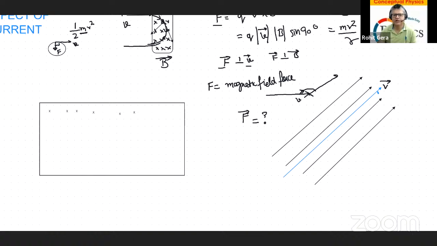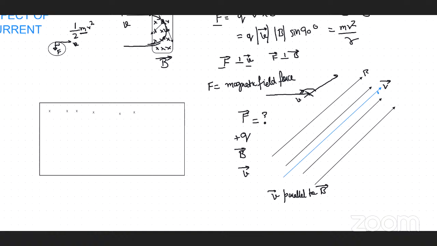Velocity is known, the charge is Q, plus. Magnetic field is B. Velocity is V. The only thing is, now the velocity is parallel to B. What is the force?